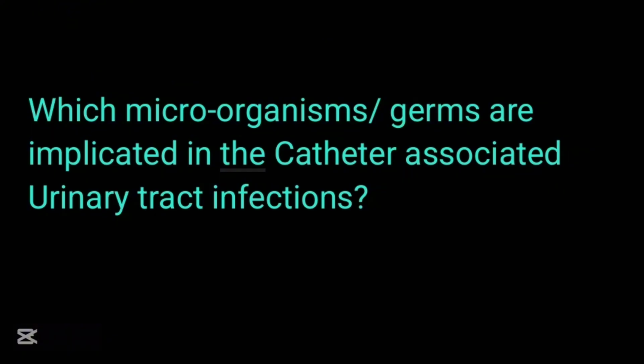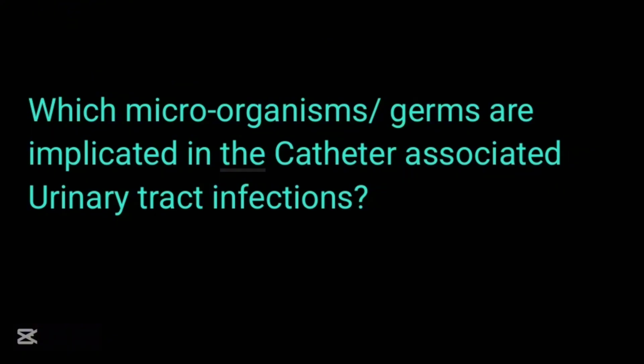The microorganisms, that is the germs, that are commonly implicated in the catheter-associated urinary tract infections include the bacteria and the fungi. The bacteria that are commonly implicated in the catheter-associated urinary tract infections include Escherichia coli, which is the commonest bacteria that is implicated.